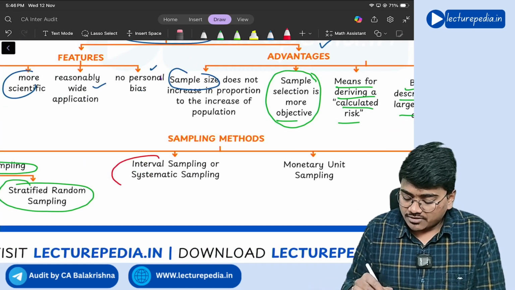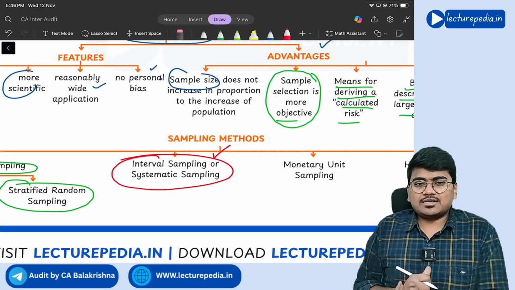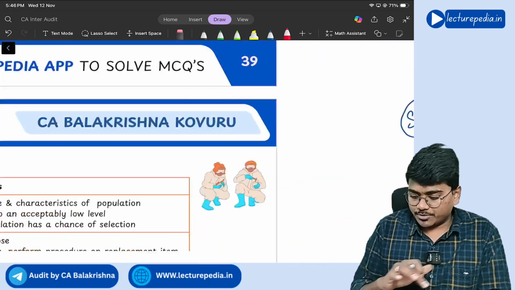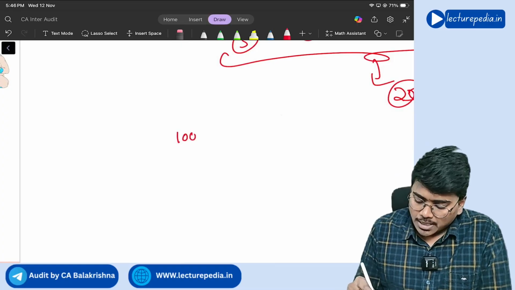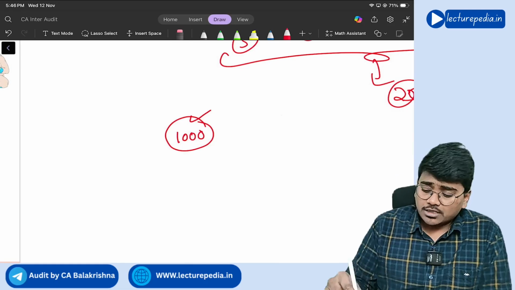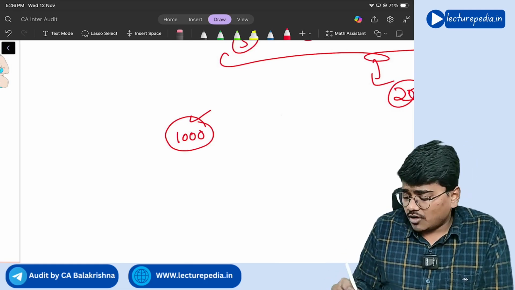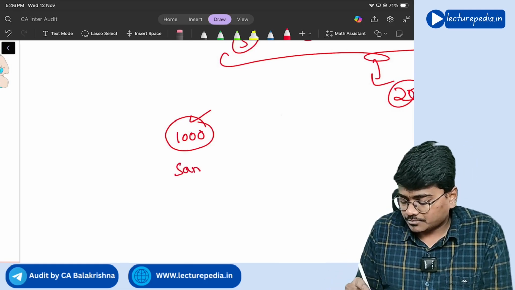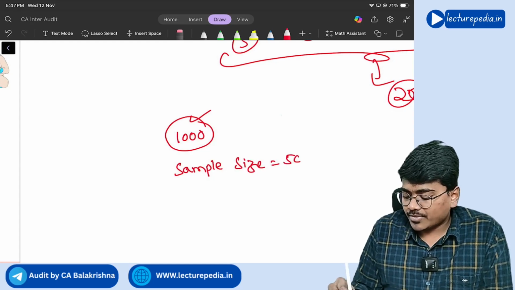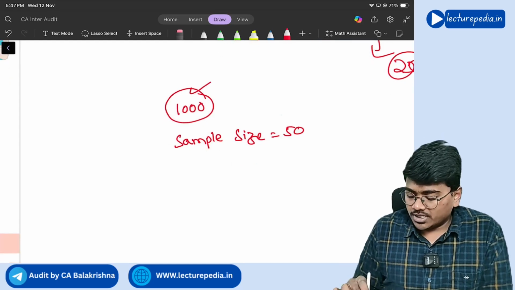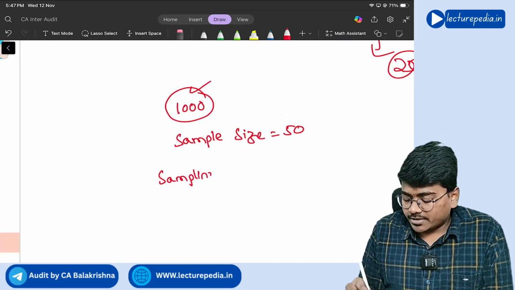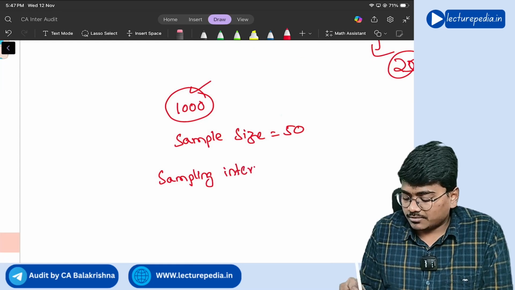Next, interval sampling or systematic sampling. What is this interval sampling? Let me tell you. Let's say again, the same 1,000 population is there and you want a sample size of 50. What you will do is, first of all, select the sampling interval.